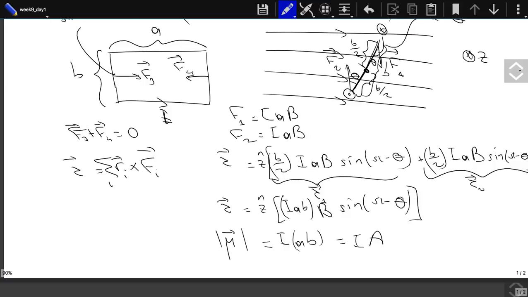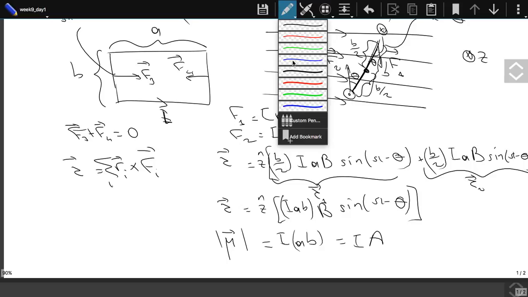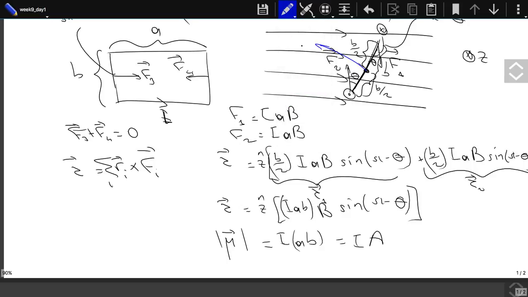Now, the way we do it is, okay, this is my loop, and this is how the current is running in my loop. So I just take my right hand, curl it in the direction of the current, and then my thumb points in the direction of the magnetic dipole moment. So this is the direction of the magnetic dipole moment.